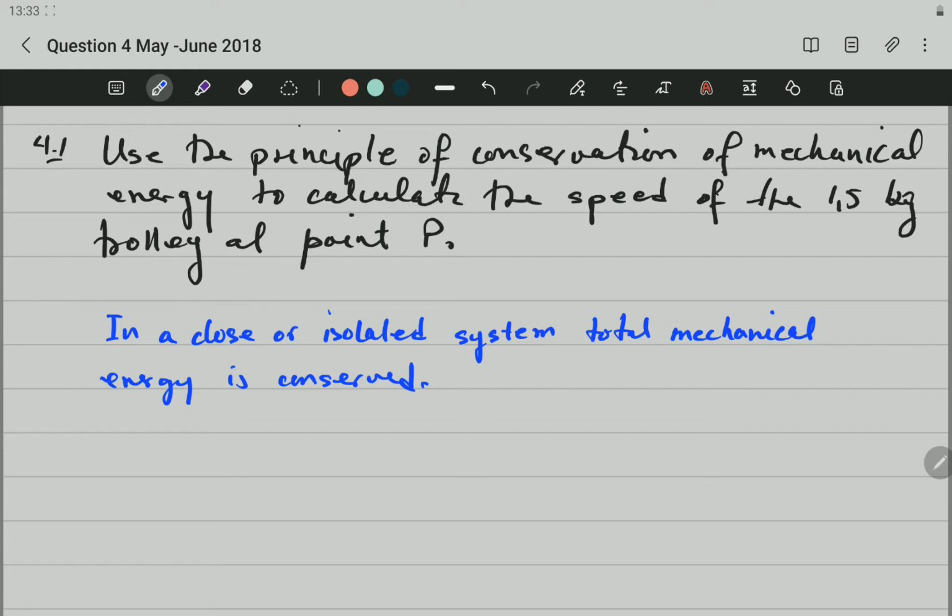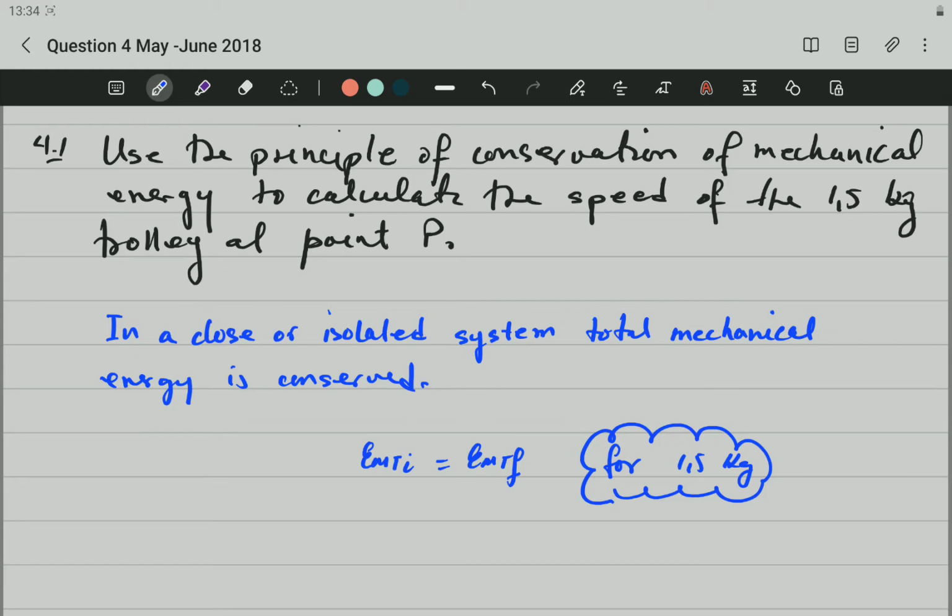So the total mechanical energy initial is equal to the total mechanical energy final for the 1.5 kilogram block. We're working with that block. Total mechanical energy is conserved. The system is isolated because there is no friction.